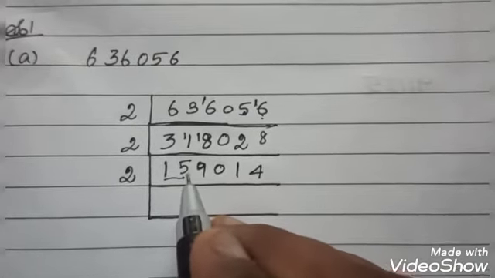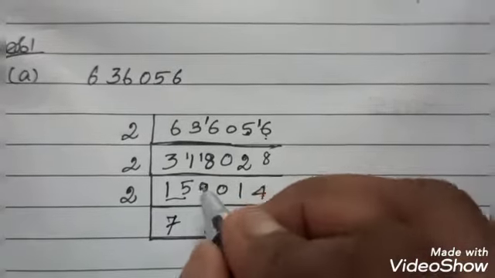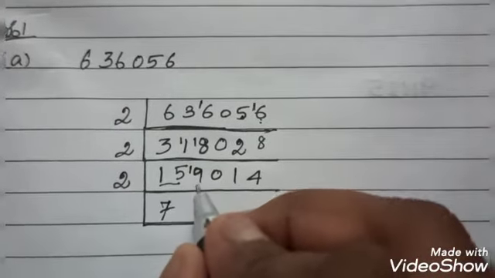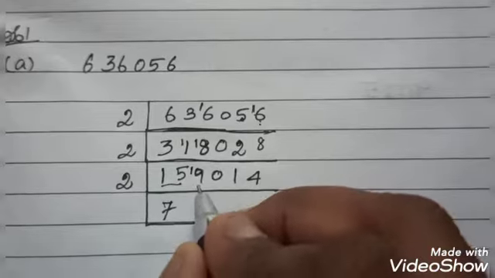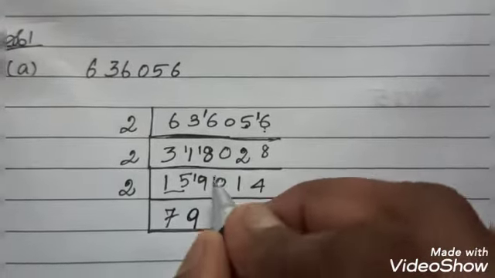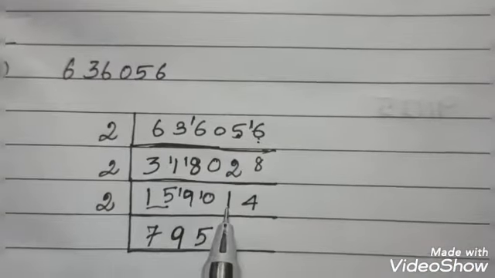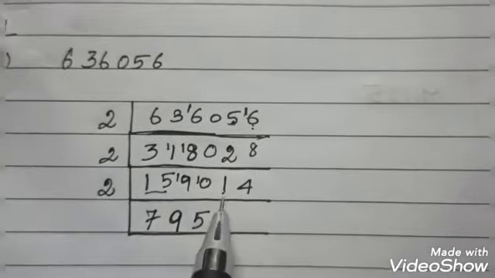We need 15, so it remains 1. So 7 times 14, remaining 1. Now it becomes 19. 19 means 9 times, which is 18, remaining 1. So 5 2s are 10. Now you can see 1, which is unable to be divided by 2, because 1 is a smaller number.